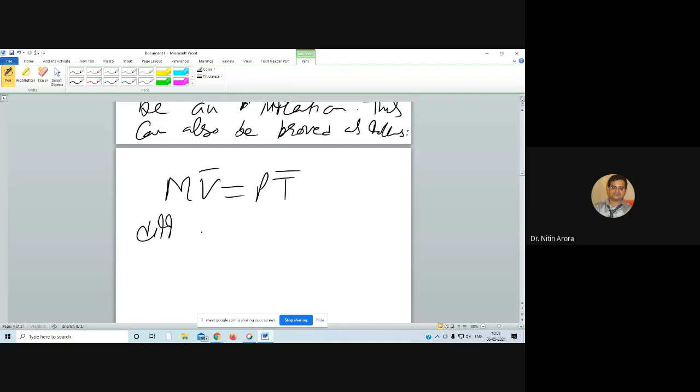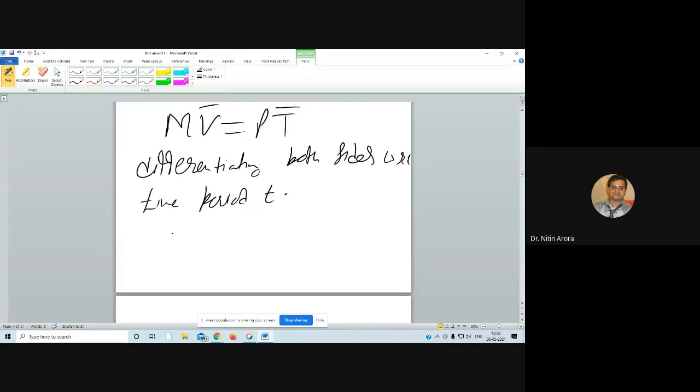Differentiating both sides with respect to time period t, what we get is V bar dM upon dt is equal to T bar dP upon dt.